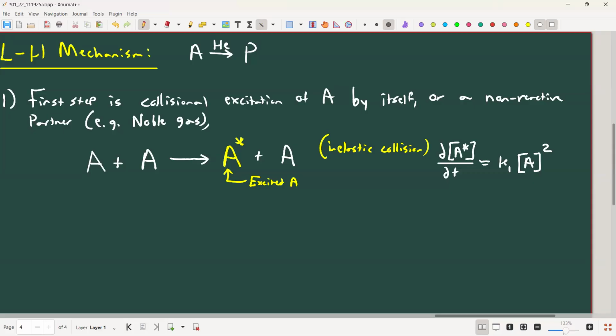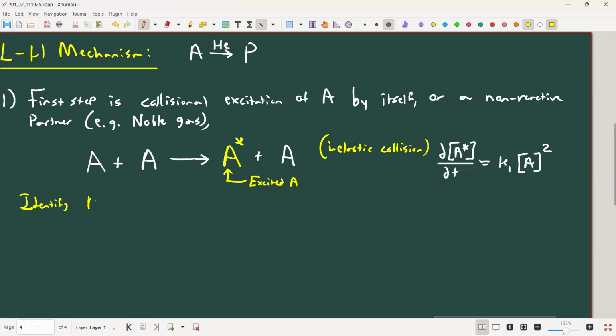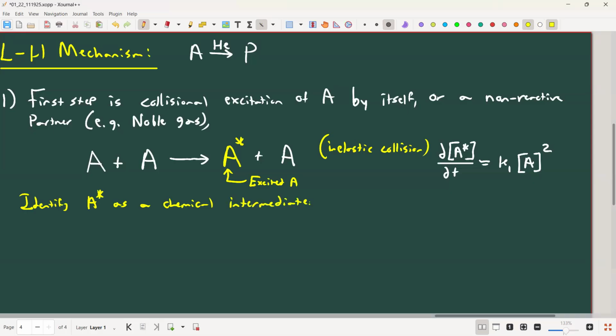So what can A star do now? A star is our intermediate. So we're going to identify A star as a chemical intermediate. It is not a transition state. For instance, imagine that A star is an ionization process.